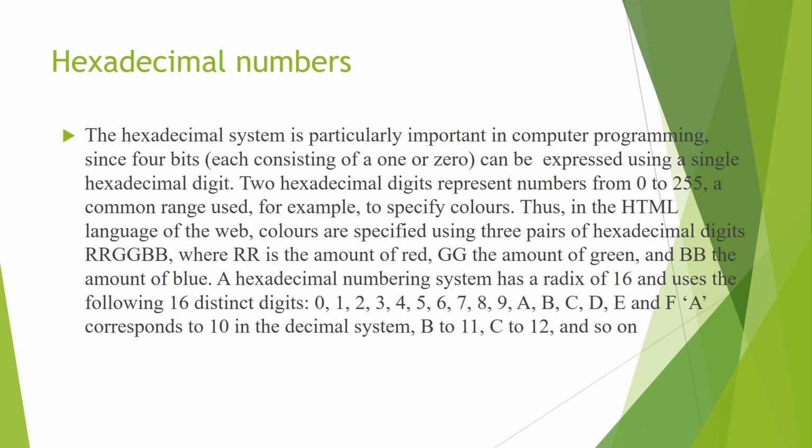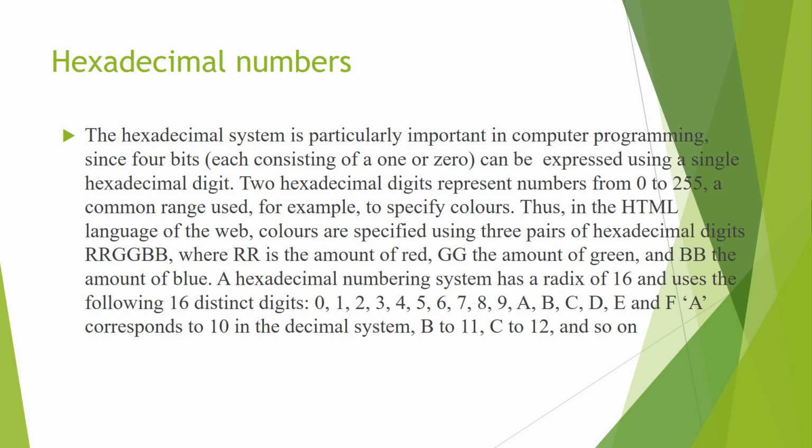Also we have the hexa numbers, and we say that the hexadecimal system is particularly important in computer programming, since four bits each consisting of 1 or 0 can be expressed using a single hexadecimal digit. 2 hexadecimal digits represent numbers from 0 to 255, a common range used, for example, to specify colors.